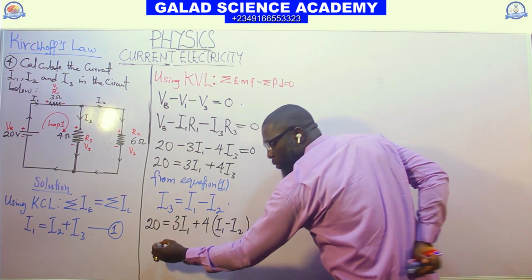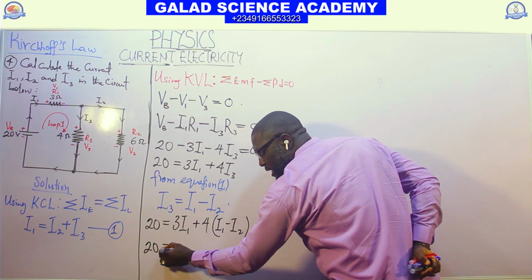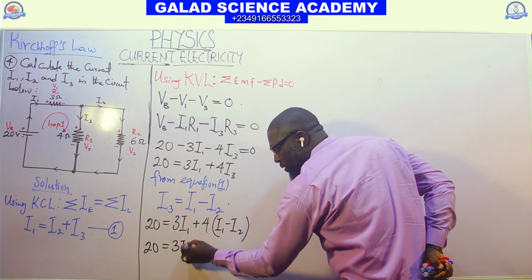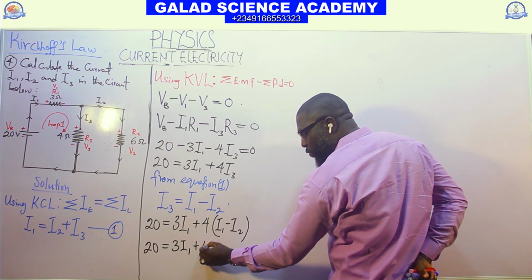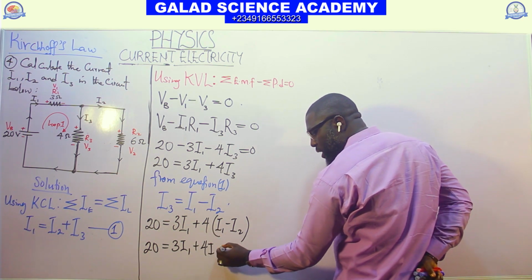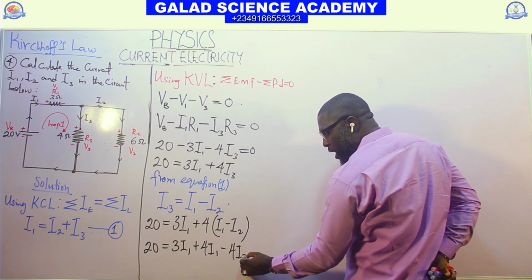Good. You will now have 20 equal to 3I1 plus 4I1 minus 4I2.